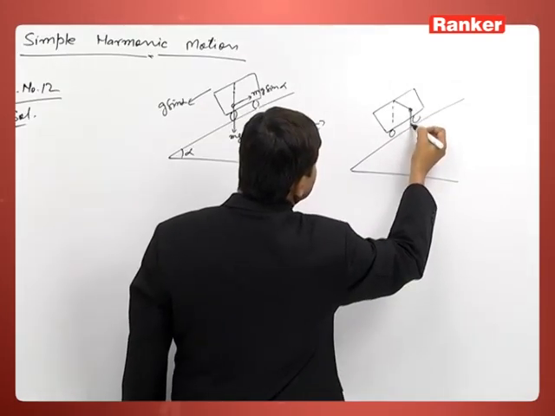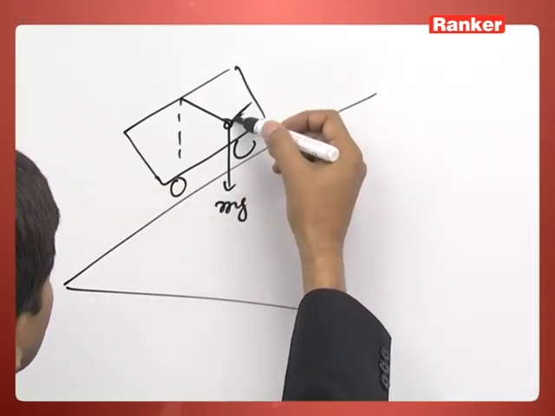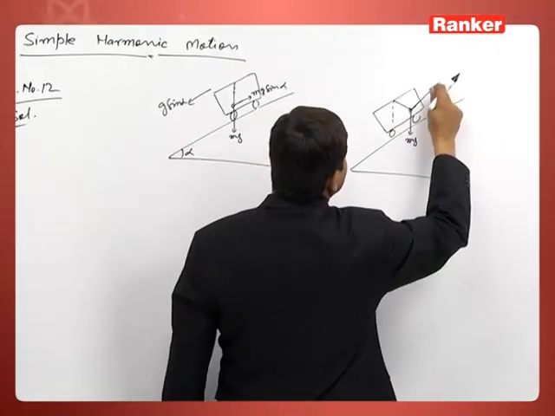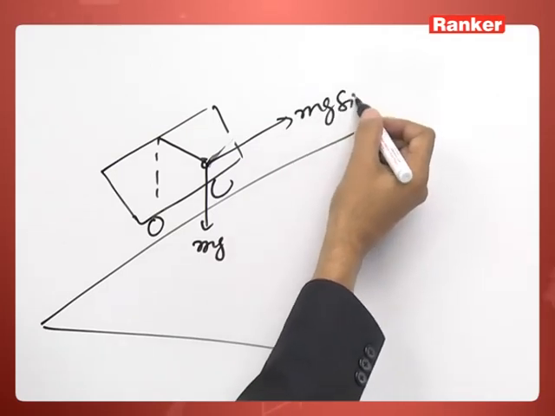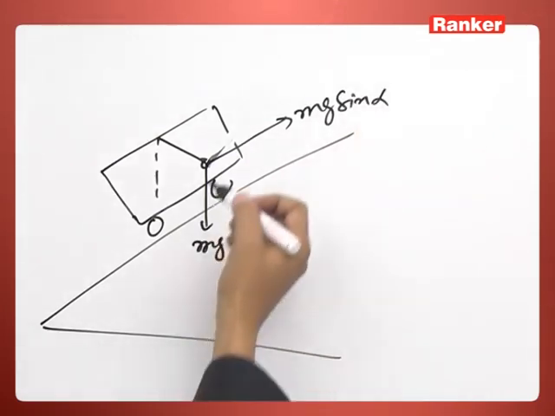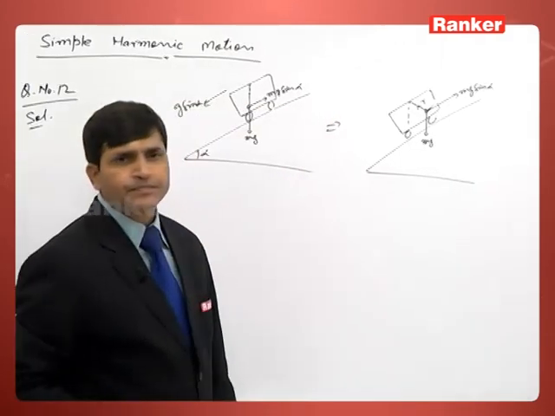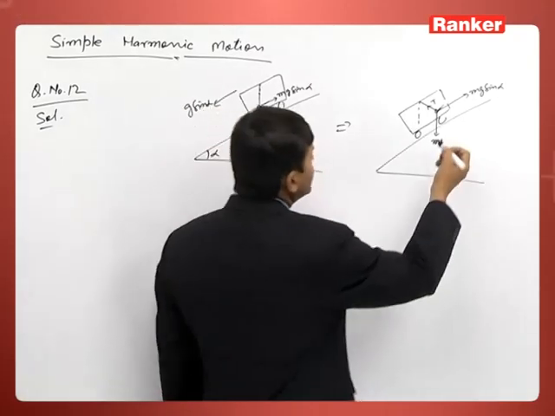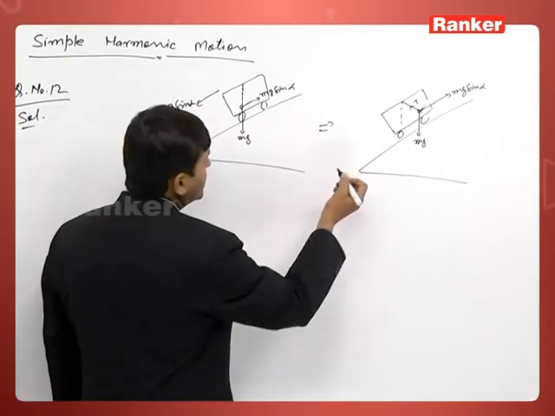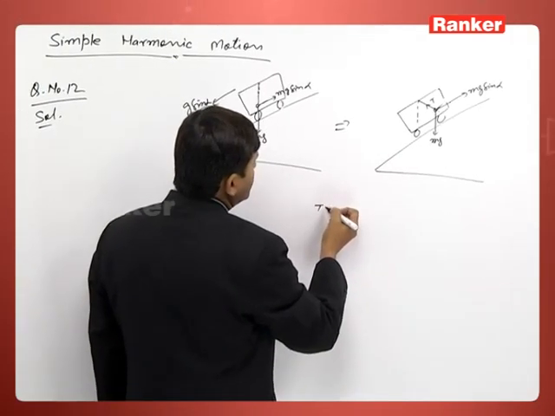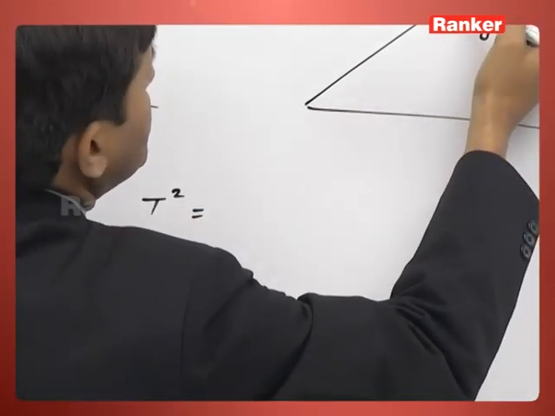The downward force here is mg, and along the plane is the pseudo force mg sin alpha. This is the equilibrium condition and T is the tension here. Now for equilibrium, T square must be equal to the resultant of these two.